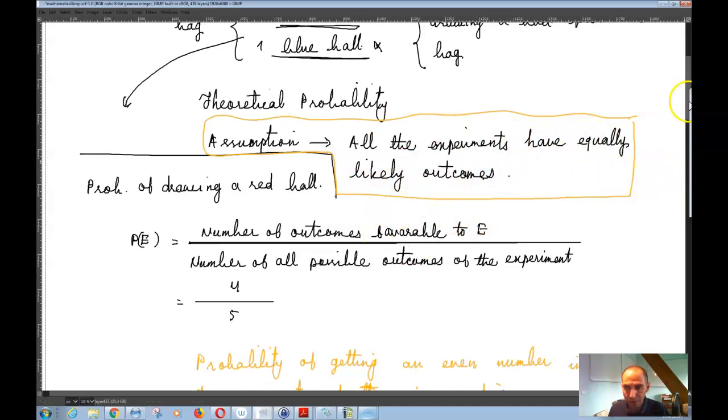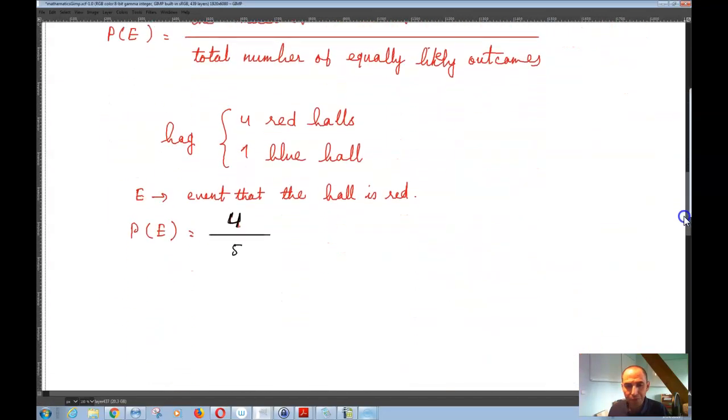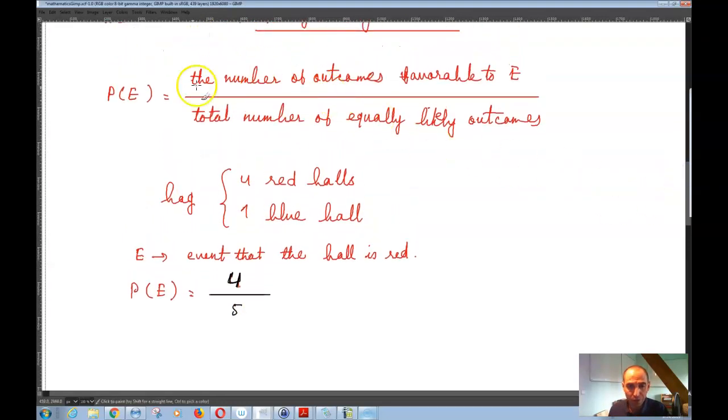Otherwise, if drawing a ball from the bag did not have equally likely outcomes, of course you couldn't use this formula and this whole method to find the probability of that event happening. So that's one thing that we cleared up here.